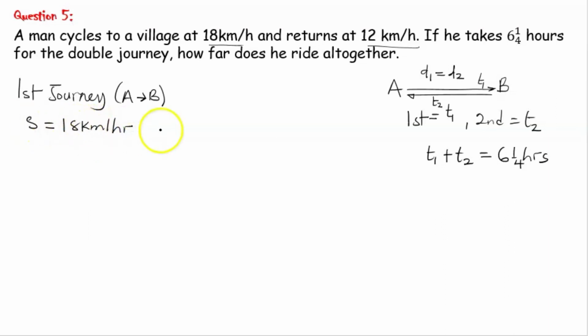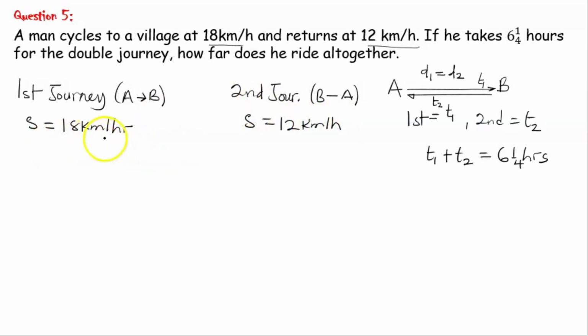And that's all we have for that. And the second journey, which is from B to A, as he is returning back, the speed is given as 12 km per hour. All right.